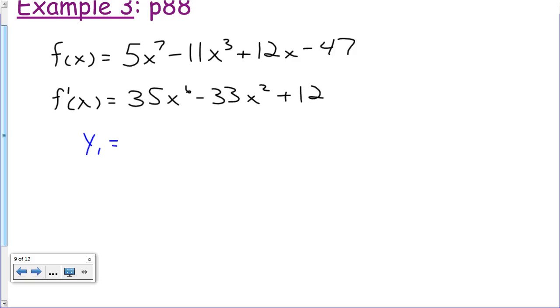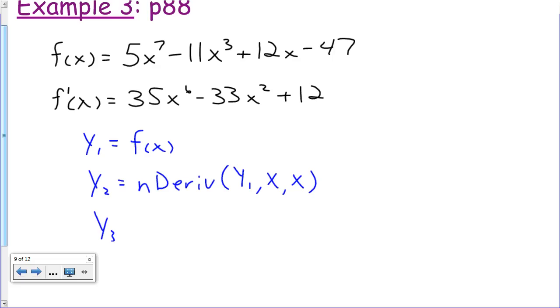But in y1, I'm going to put my original function. That'll be f of x. In y2, and I guess it really doesn't matter which order I do these in, but I'm going to go ahead and put the numerical derivative in y2. So I'll say nderiv of y1, my variable is x, and my value is x.